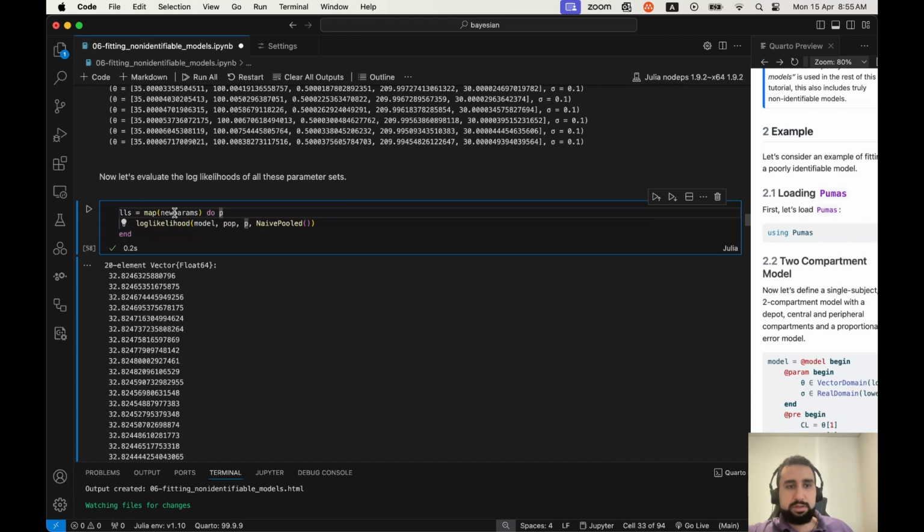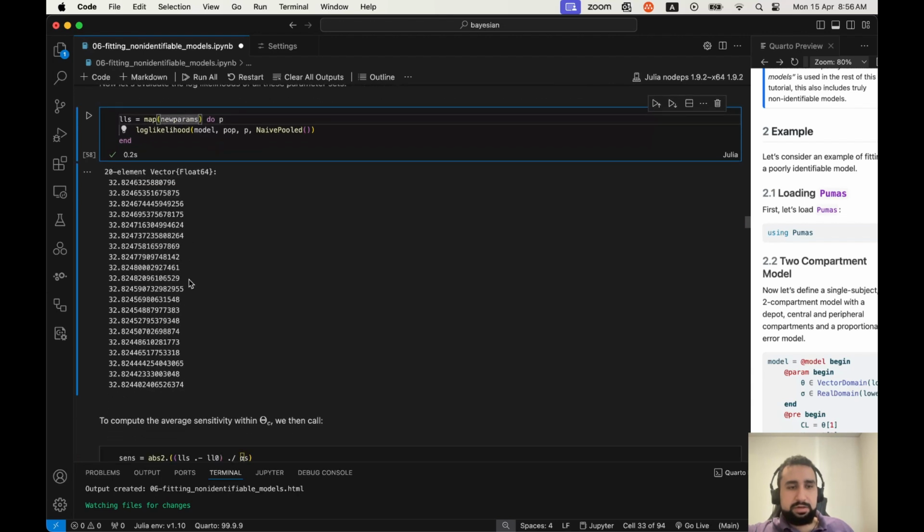We're iterating over all the values of new params, and for each value, one of those named tuples here, we assign it to the variable p, and then compute the log likelihood with the same model, the same data, but with a different parameter value p. So this is like a for loop that returns a vector of all the log likelihoods from all the iterations of the loop, if you think about it like that.